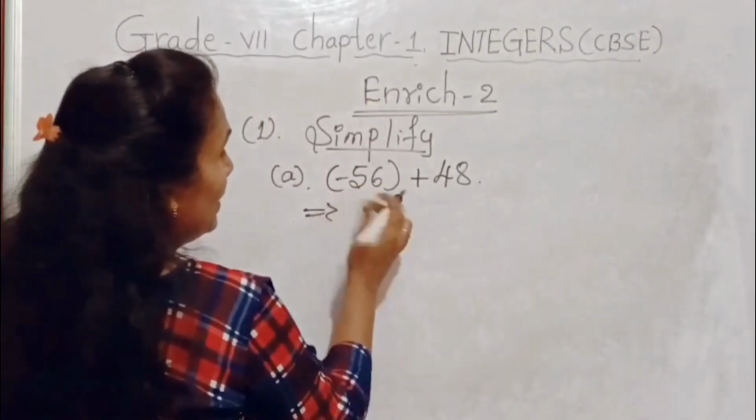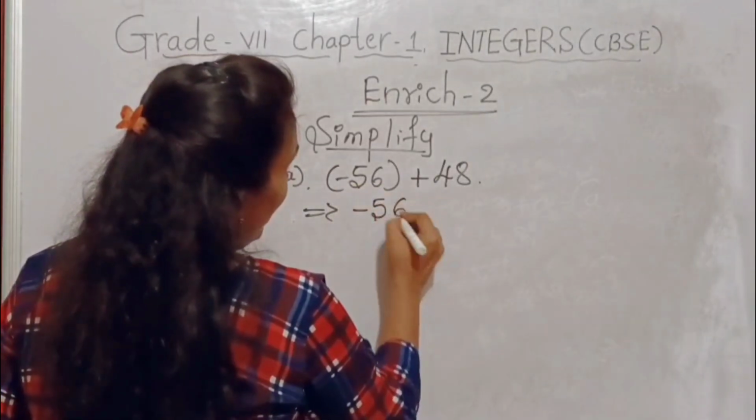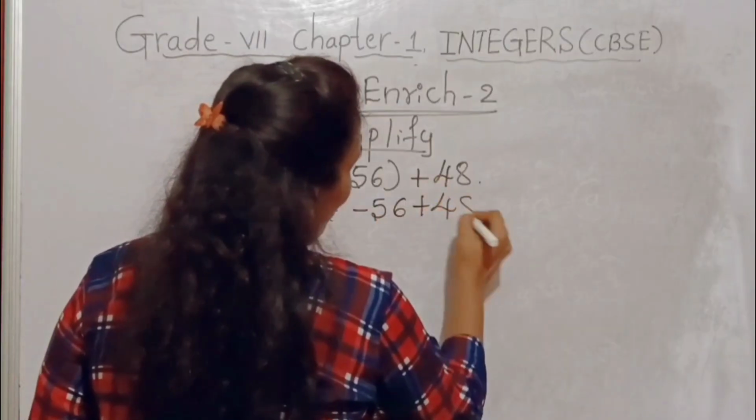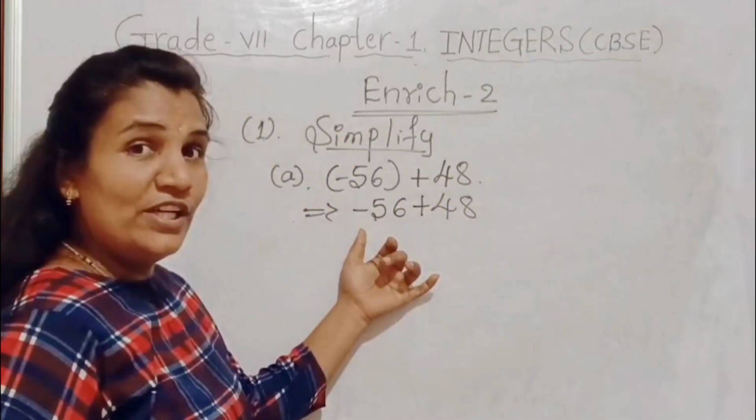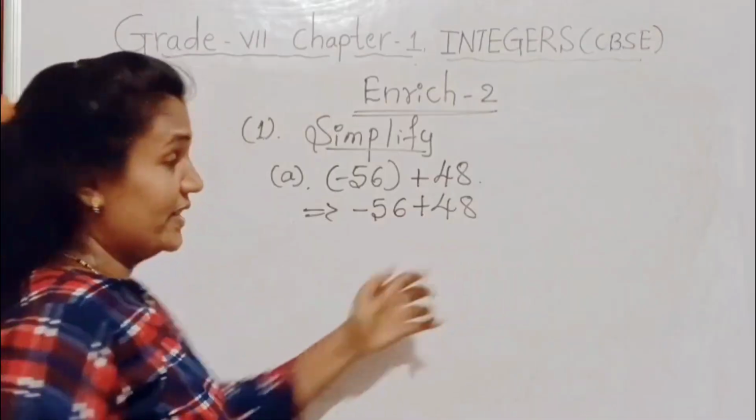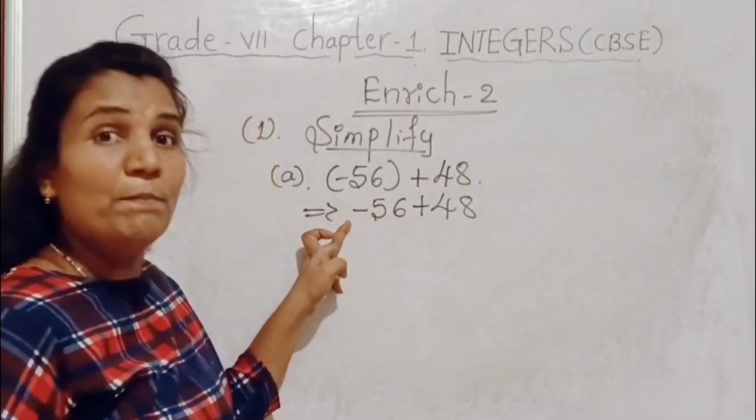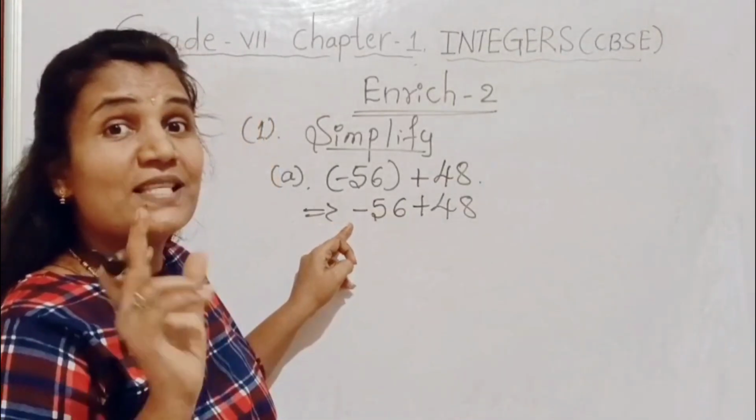Here, open up the bracket and write down minus 56 plus 48. Here a negative integer is added with a positive integer. Minus into plus is minus, which means the operation should be subtraction.